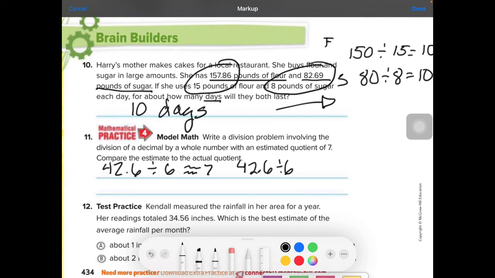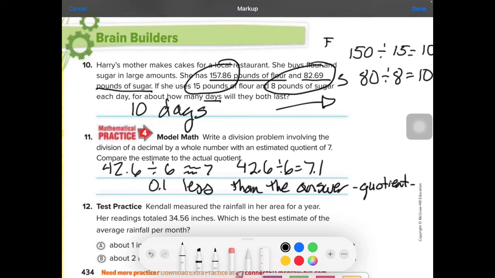And 42.6 divided by 6 equals 7.1. And so the estimate right here is 0.1 less than the actual quotient. Or in division terms, we can say quotient.